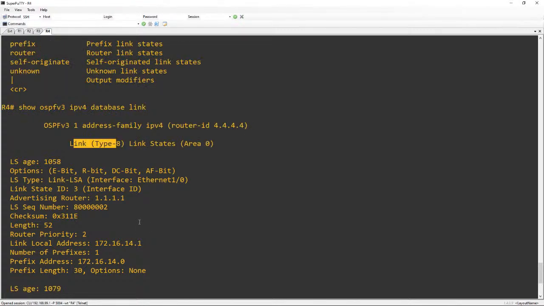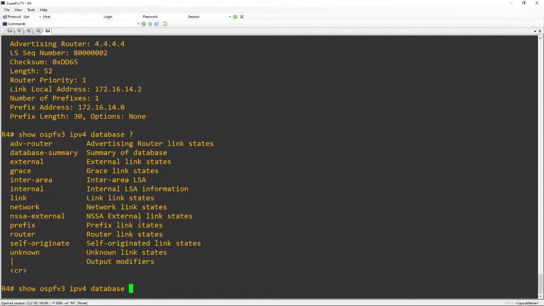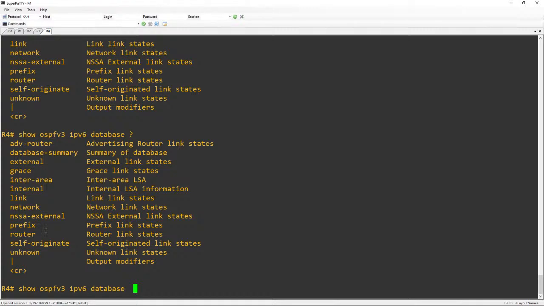And let me see. It's not showing me what I expect to see. Which ones do I want to look at? Actually, that is true. Let me look at the v6 database. We're going to have some different options because we have link, but there was one other one that I was looking for, which happened to be the link local ones.